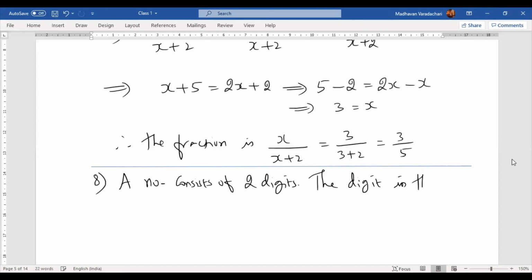The digit in the 10th place is 3 times the digit in the unit place.